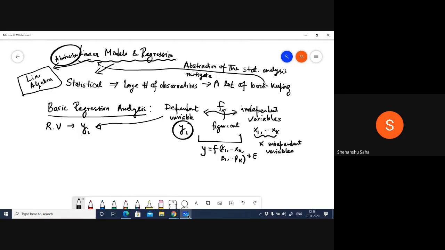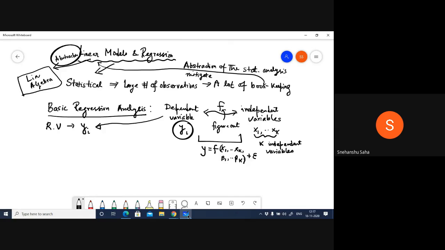These beta 1 to beta k are the parameters which will characterize the role and the contribution of the independent variables x1 through xk towards y. Now, what is this epsilon?